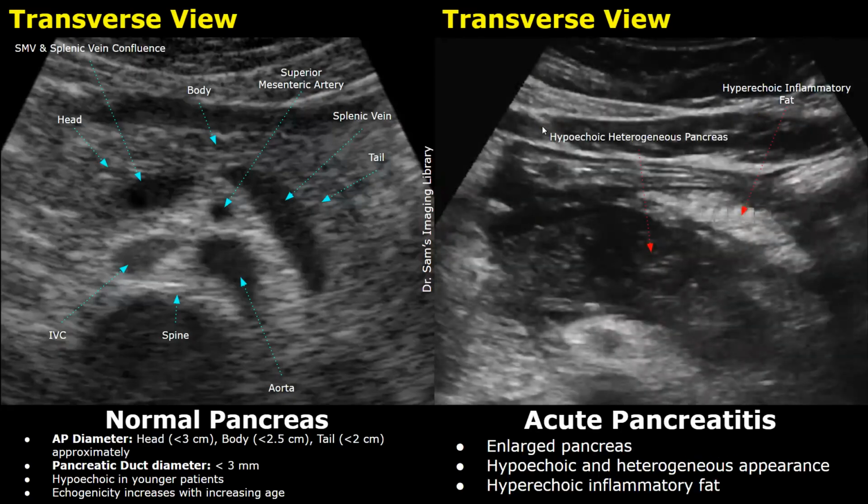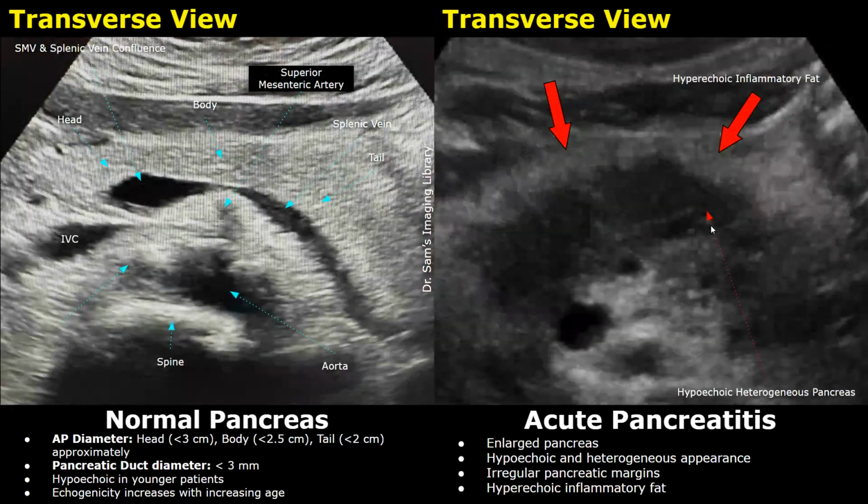In some cases of acute pancreatitis, you may find an enlarged, hypoechoic, and heterogeneous pancreas. Another feature to note is the hyperechoic inflammatory fat seen next to the pancreas. This is the hyperechoic inflammatory fat.